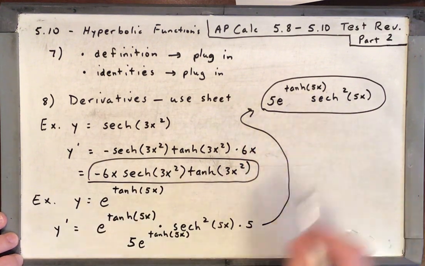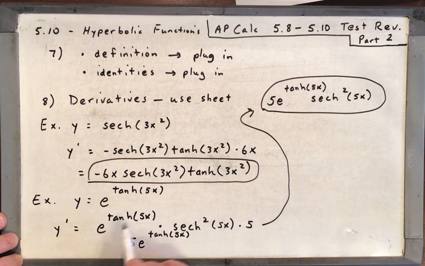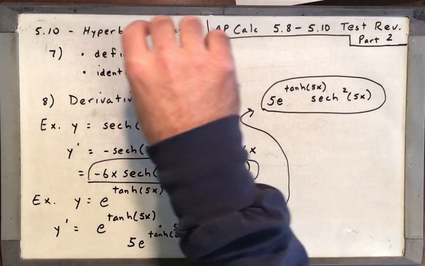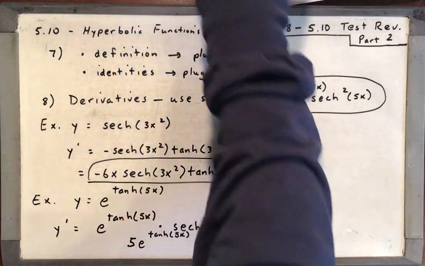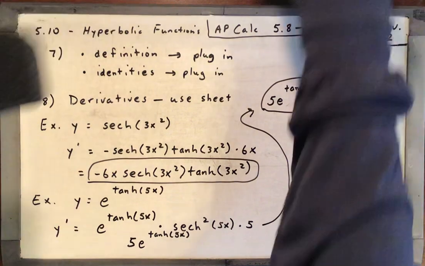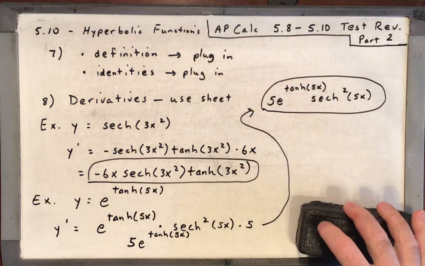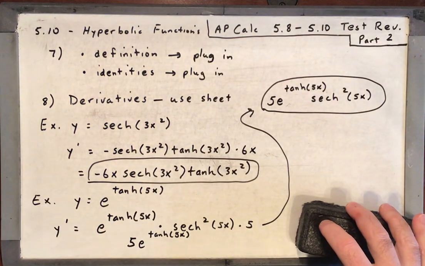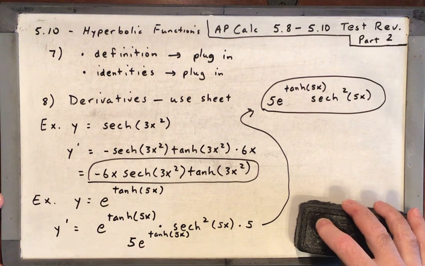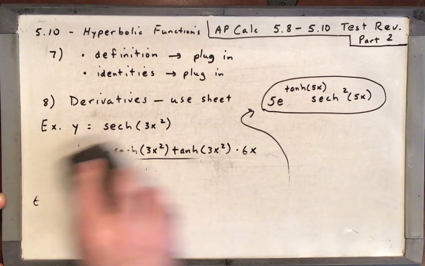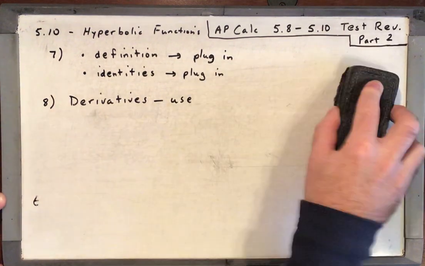Doesn't matter, same thing. Okay, so e to the blob times the derivative of the blob, and that's where you got to use the sheet. Okay. All right, that's a couple of pretty good examples. Ones I don't think that you did before. So let's call the next, oh, I've got another example. So look at me, 3 examples on derivatives.